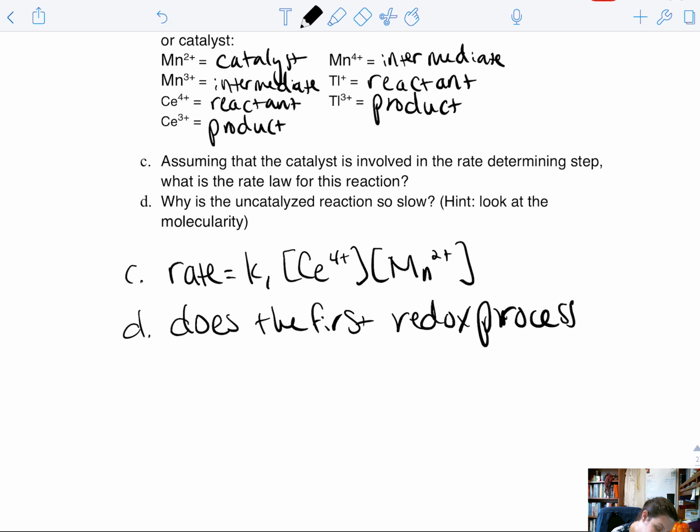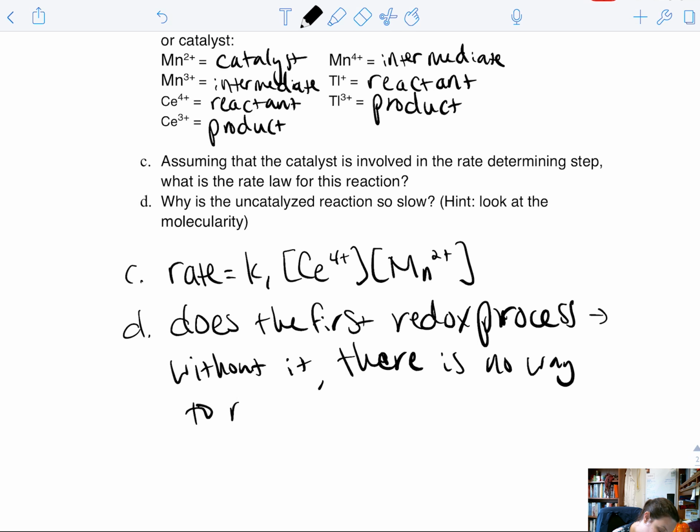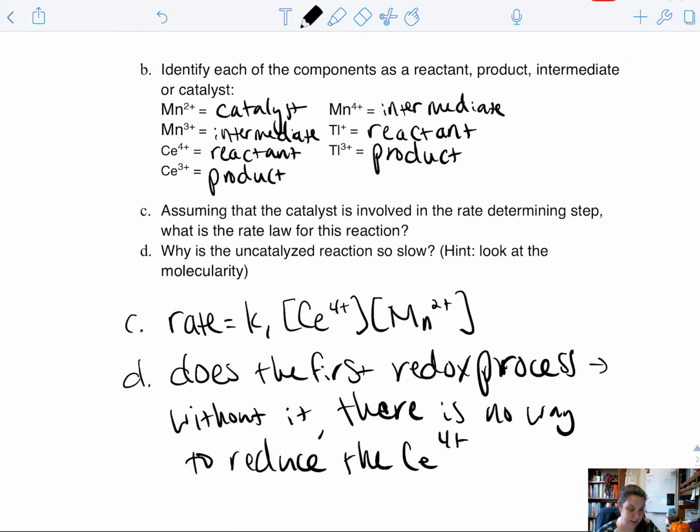So without it, there is no way to reduce the cerium 4 plus. Okay, and that's everything.